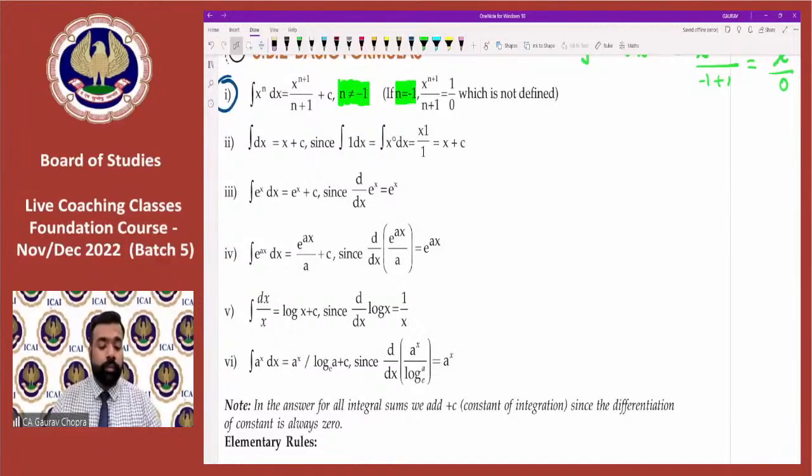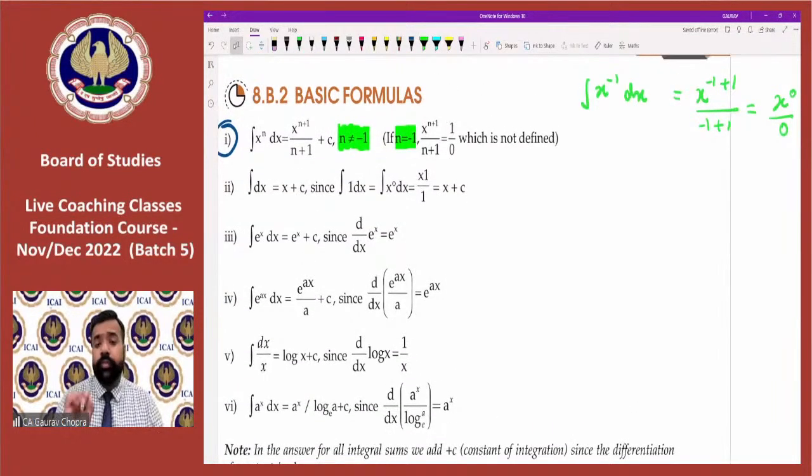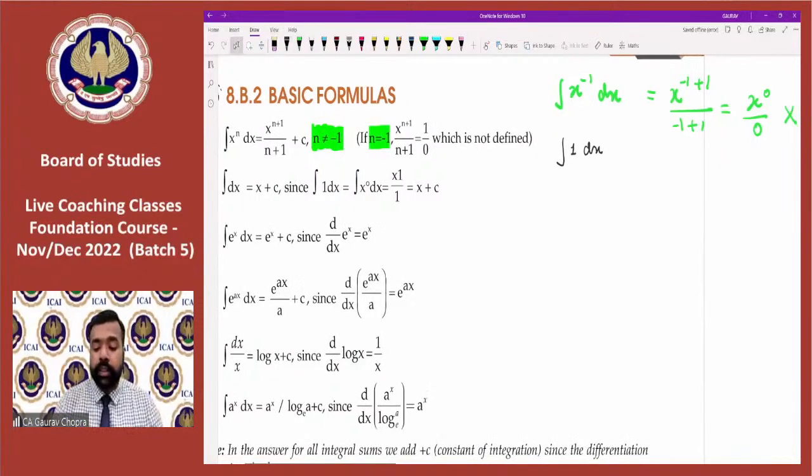Now the second one, dx. Now if we have to integrate, let's say, 1, only 1 is there. Now what is the integration of 1? Since we have to integrate with respect to x, we can write 1 as x to the power of 0.